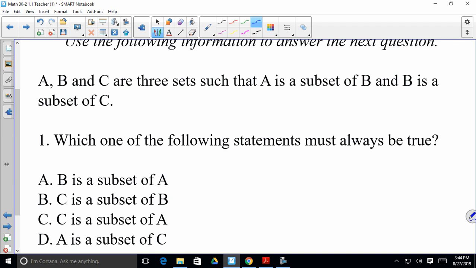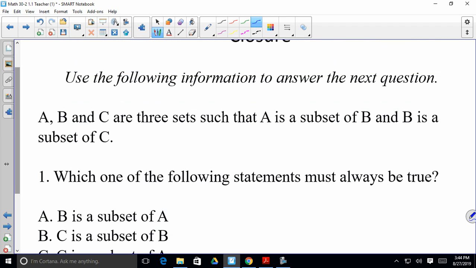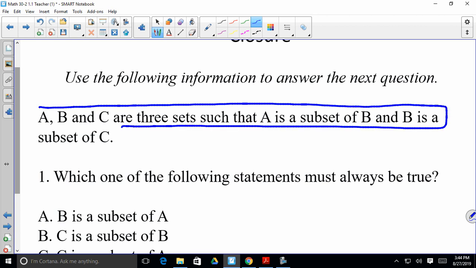Let's look at the question itself. A is a subset of B, so A is a smaller part of B. Chocolate is part of desserts, and desserts are a subset of food. Something like that. You should be able to do that.